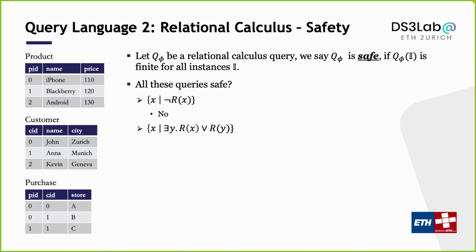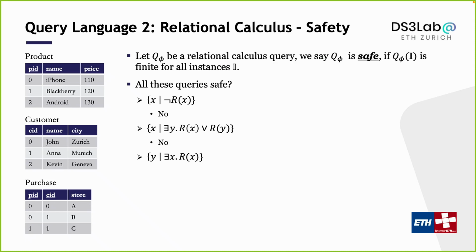How about this one? The logical formula is there exists Y such that Rx or Ry, and the free variable is X. It's the same, right? It's not safe at all. What about this query?